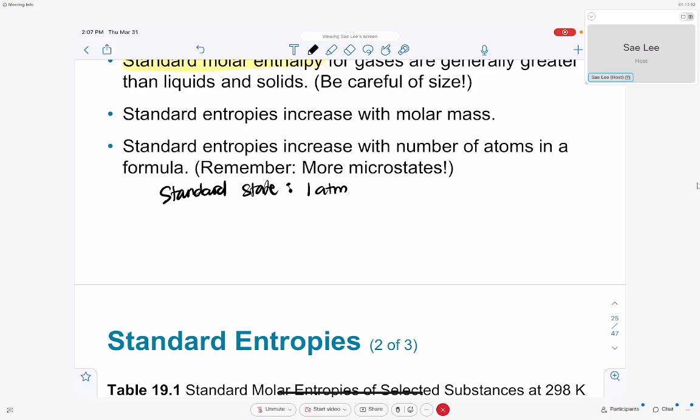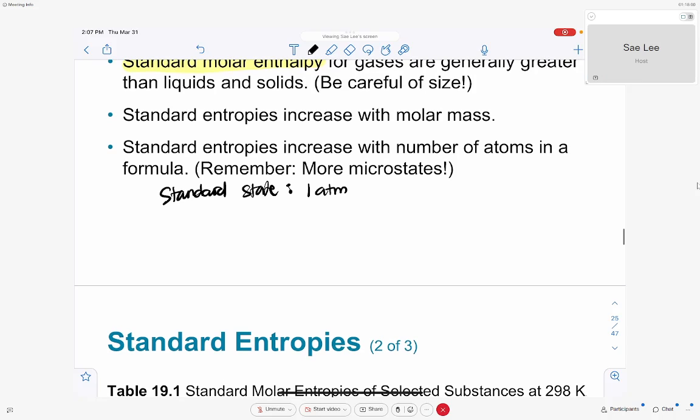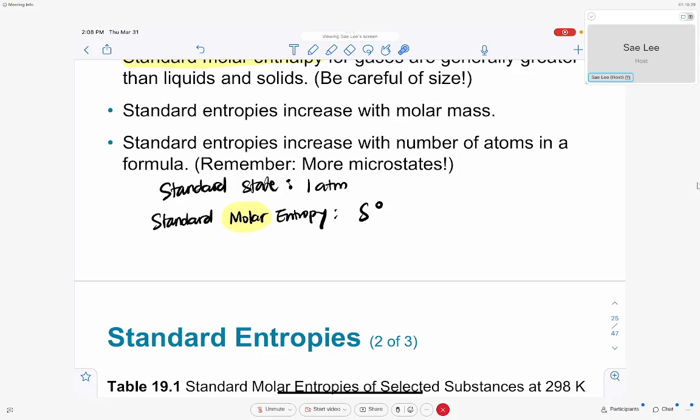The standard molar entropy is denoted as S naught. Again, the table that we're going to see shortly lists the molar entropies for substances at standard state. So we just call it standard molar entropy, or standard entropy.